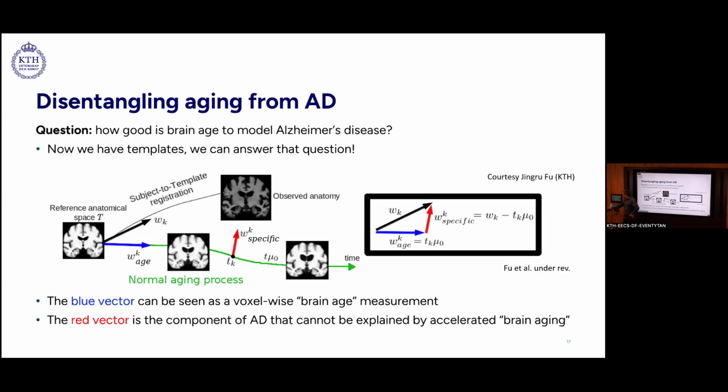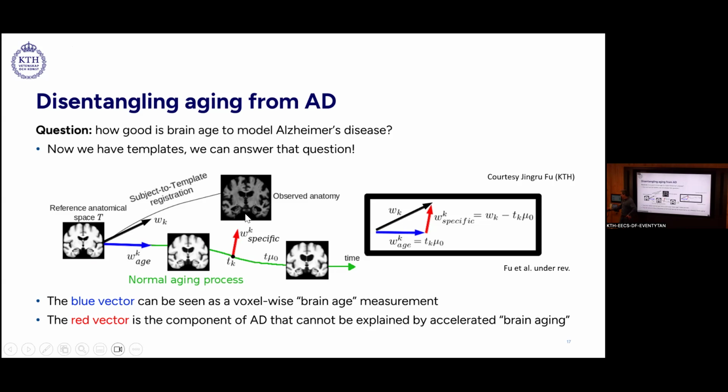So we went a little bit into this question, and the idea was just to assess if this brain age model is good enough. What we did was to reuse our templates that we generated before. These are the healthy templates that we created before.